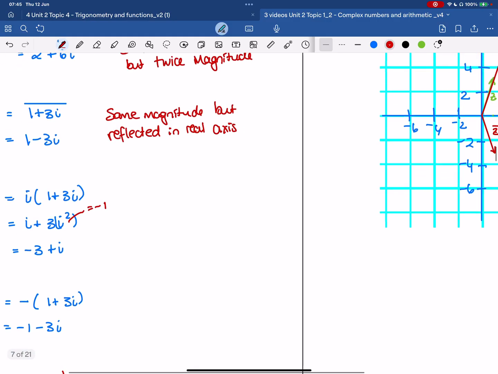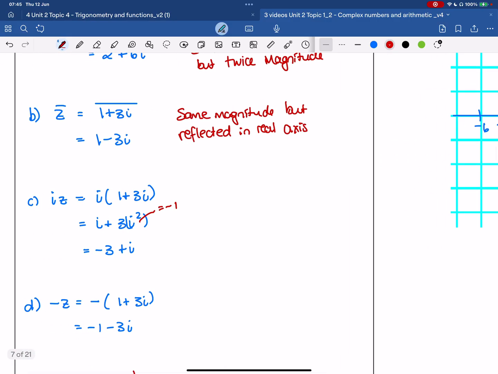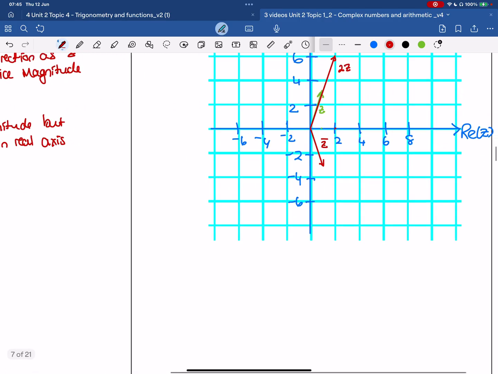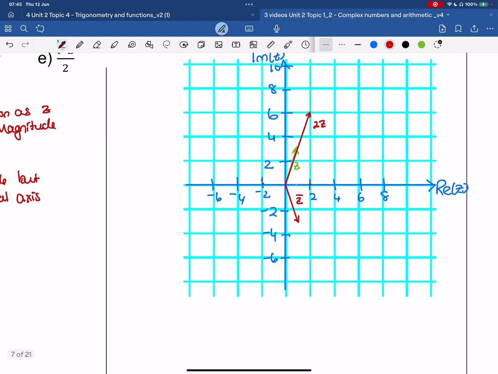Okay, let's have a look at i times z. Well, i times z is negative 3 plus i, so I'm going to go negative 3 plus 1i. And this is going to be iz.